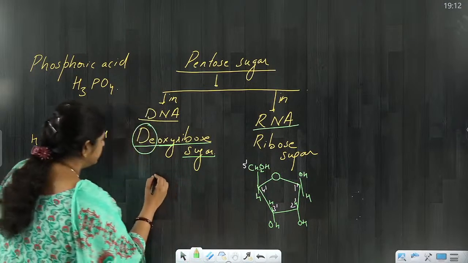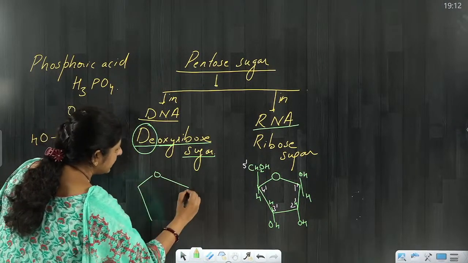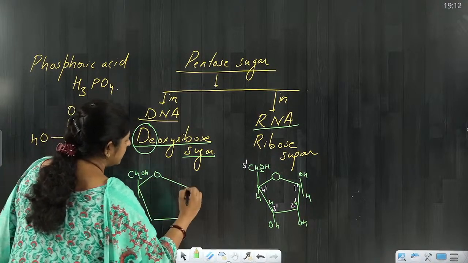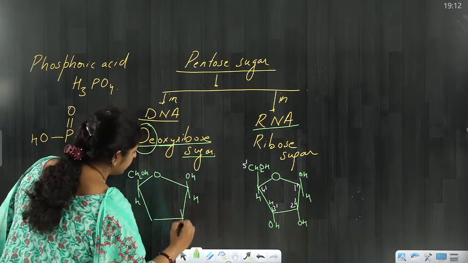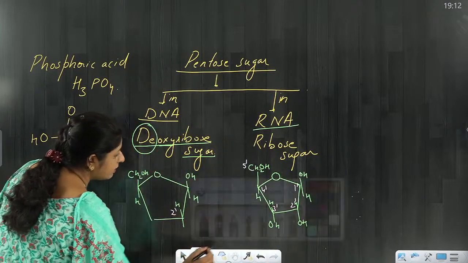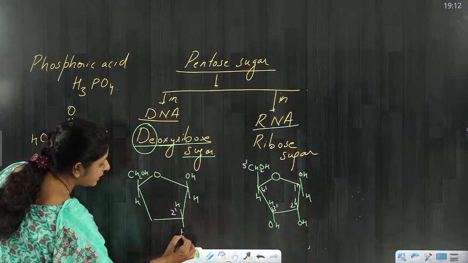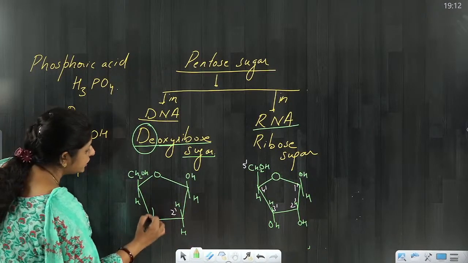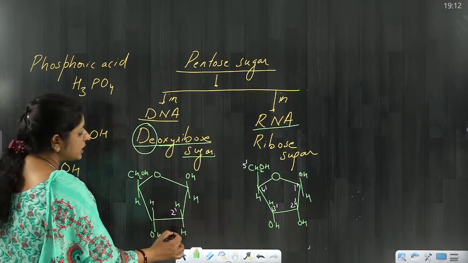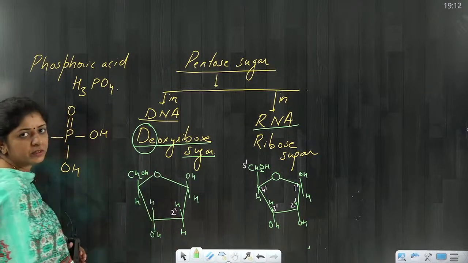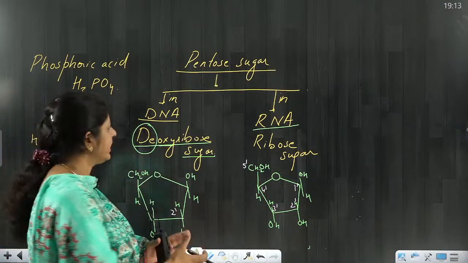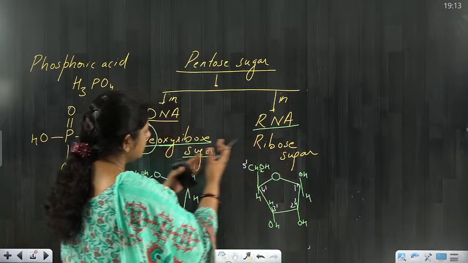If I am taking this structure and keeping it the same as ribose, at 1 prime position OH, here will be H, but on this 2 prime position you will find it does not have OH, it has hydrogen. All the rest of the positions will have their respective H and OH. There is a loss of the oxy group, meaning oxygen, at the 2 prime position. That's why the sugar present in DNA is called deoxyribose sugar. We take it that deoxyribose sugar is derived from the ribose sugar.